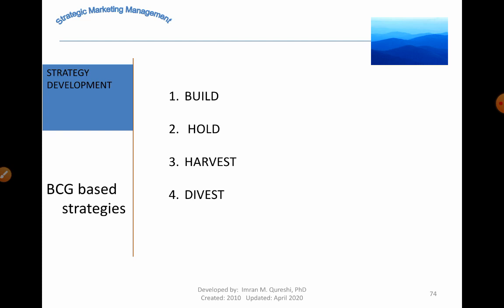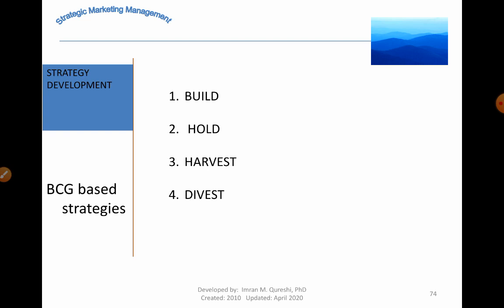When we talk about what happens when a crop is grown, a farmer keeps on investing into the crop, first by preparing the land, tilling the land, then putting in the seeds. You are investing and you're not getting a return.